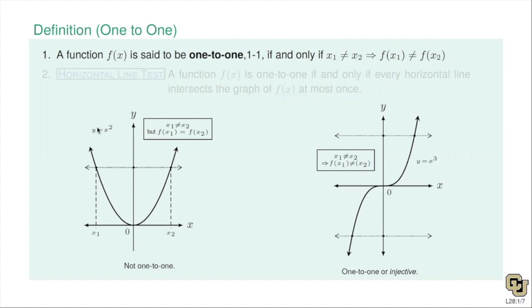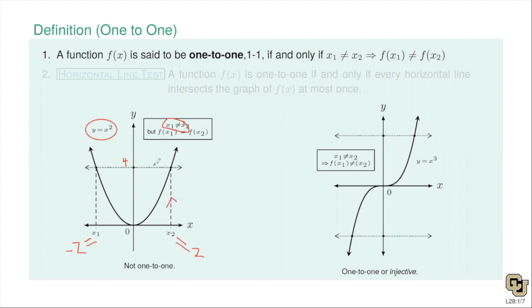For example, look at the function y equal to x squared with unrestricted domain. If I pick x sub 1 to be -2 and x sub 2 to be 2, those are my two different inputs. -2 does not equal 2. But the output, when I plug them into the function, they both get sent to 4, right?